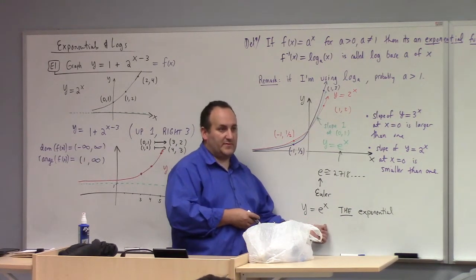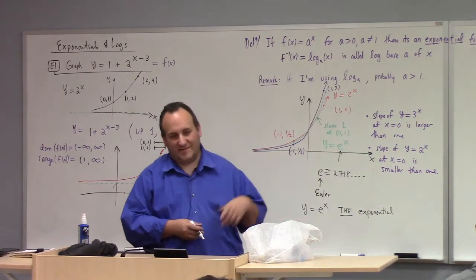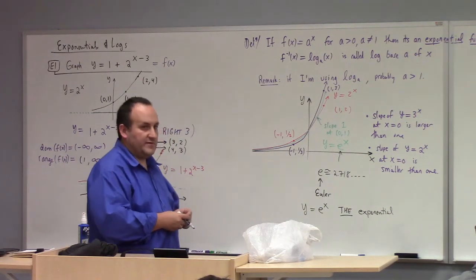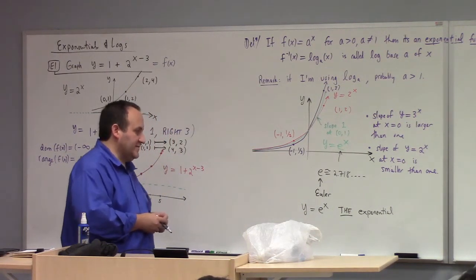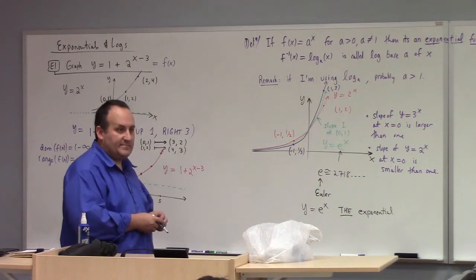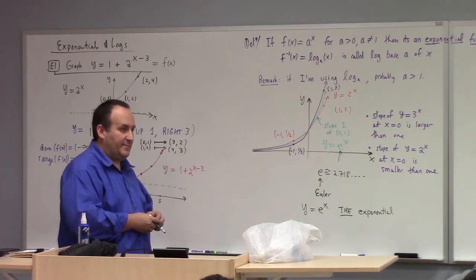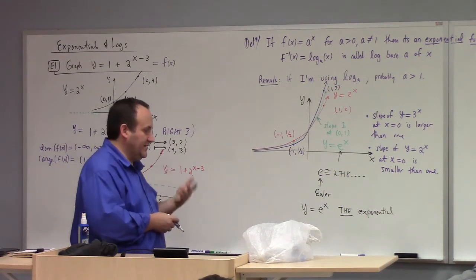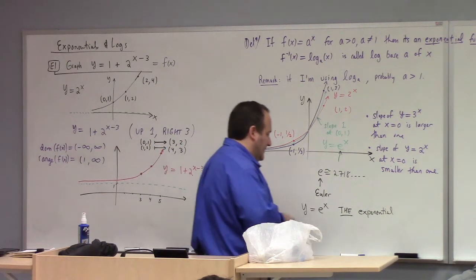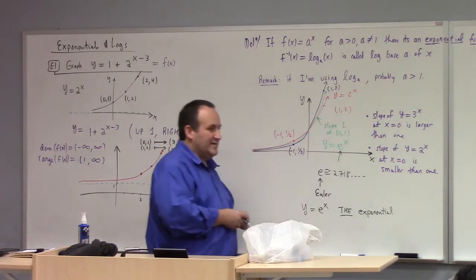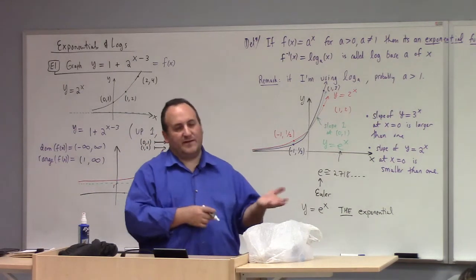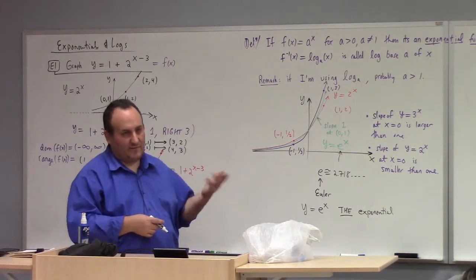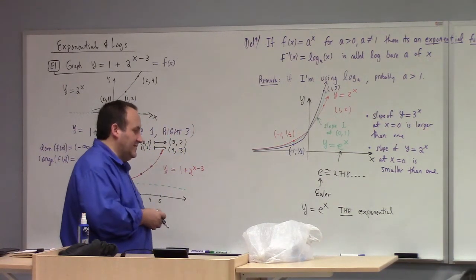This is the one we care most about, because it's got that special property of slope 1 at the origin. And it also appears in all kinds of formulas for science and engineering. If you've studied population growth or bacteria decay, all those kinds of formulas can be written with e to the x. I mean, okay, fine. In truth, they could also be written with 2 to the x. It's really a matter of taste, but it is nevertheless an important thing.